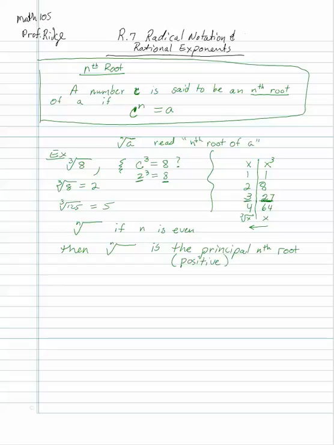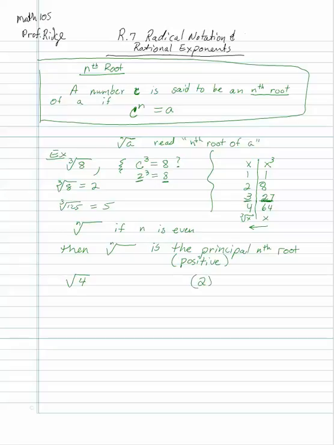So for square roots, fourth roots, so on, they have two answers, but when you do the principal nth root it is positive.